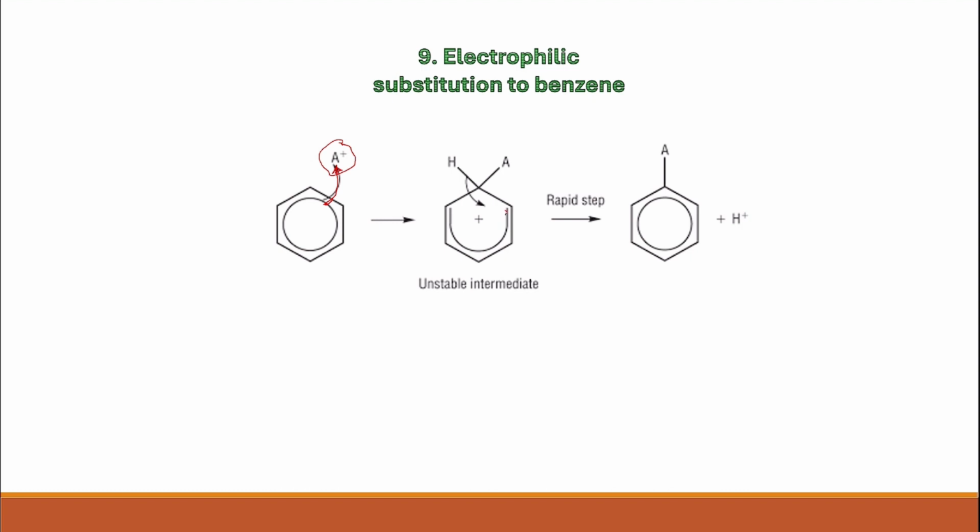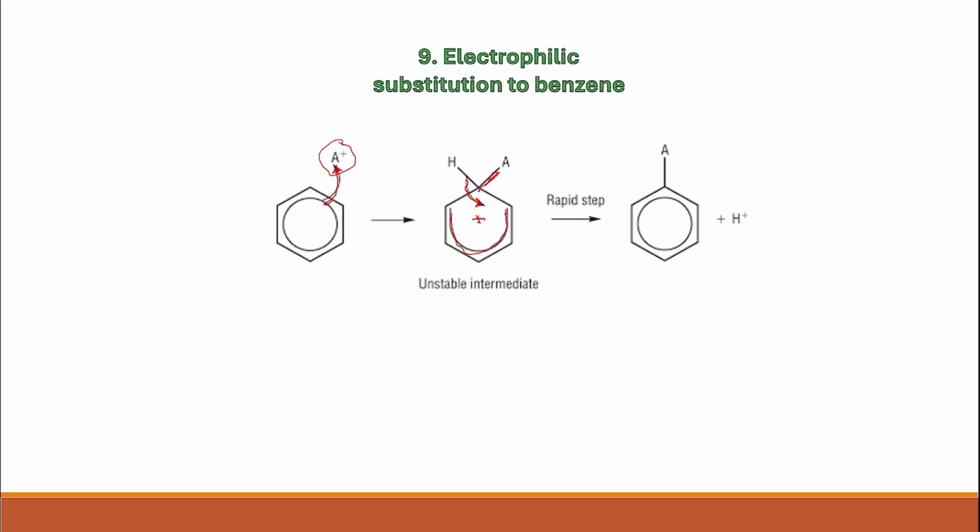And then the next step will be the removal of the hydrogen as a proton, and the electrons from this bond go back inside the ring to regain the aromaticity of the benzene ring, or the full electron ring inside the benzene. And this is the rapid step in the reaction.